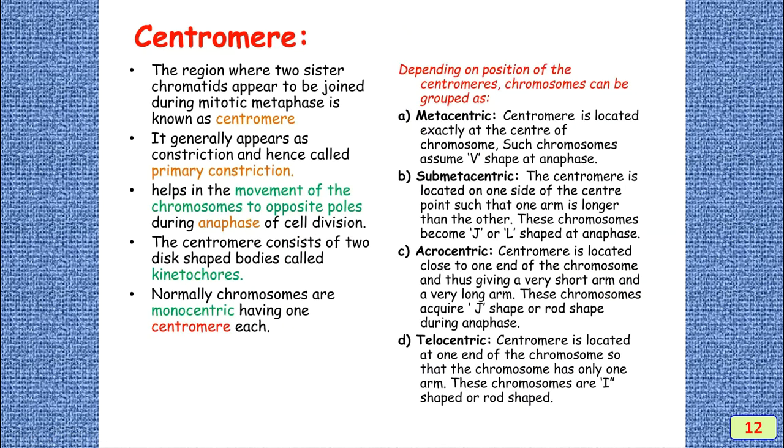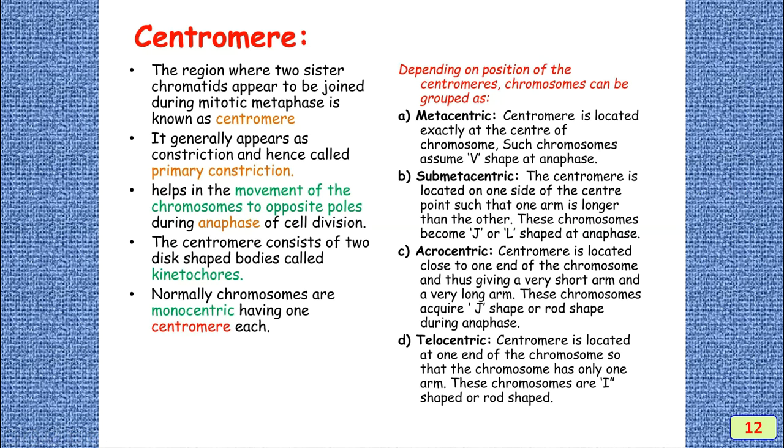What is a centromere? It is the region where the sister chromatids appear to be joined during metaphase. It appears centrally as a constriction and is called the primary constriction. This primary constriction helps in the movement of the chromosomes to opposite poles during the anaphase of cell division.